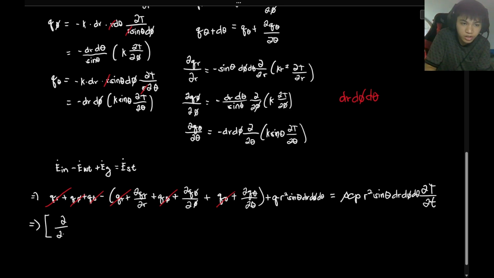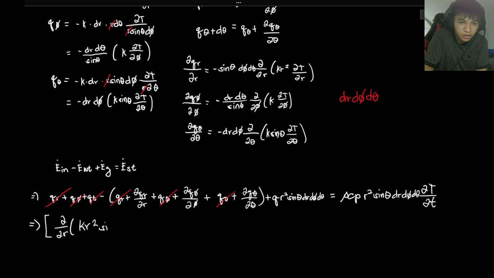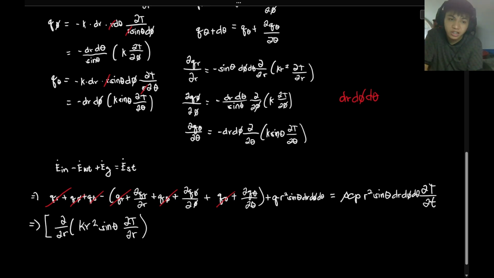We have the partial derivative of r, and then inside it we have k r squared sine theta, and then the partial derivative with respect to r. So we moved the sine theta inside the partial derivative since we are taking out the two units for the volume.